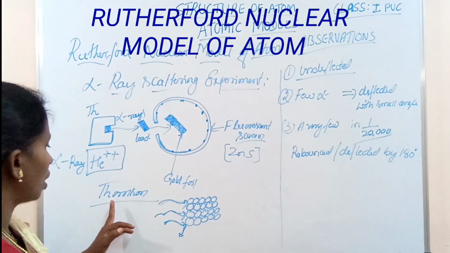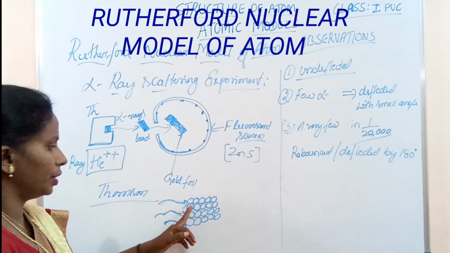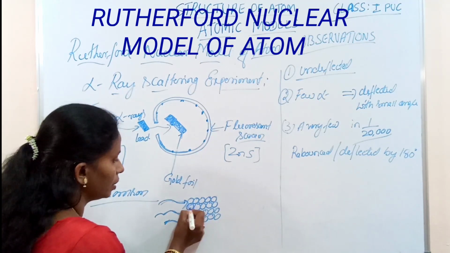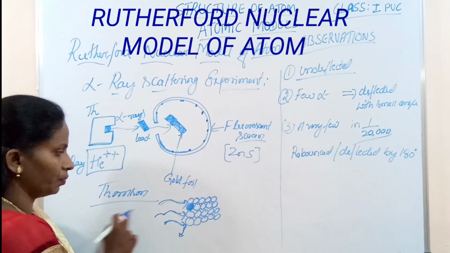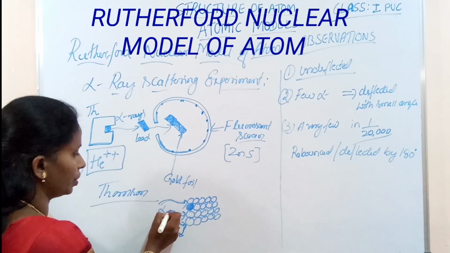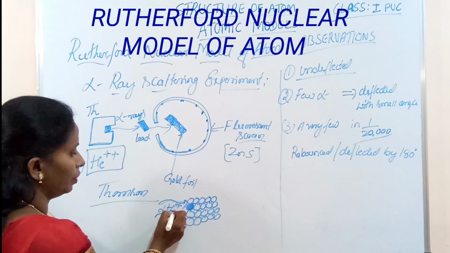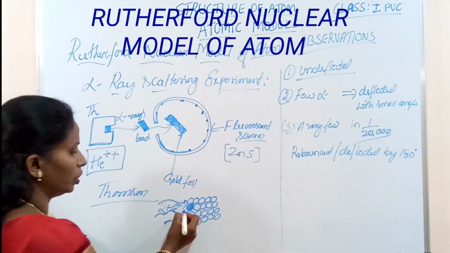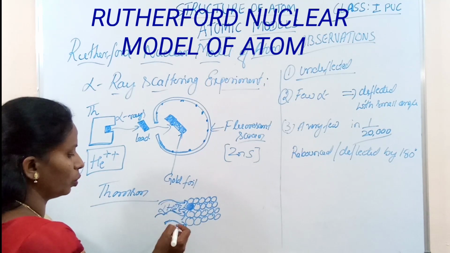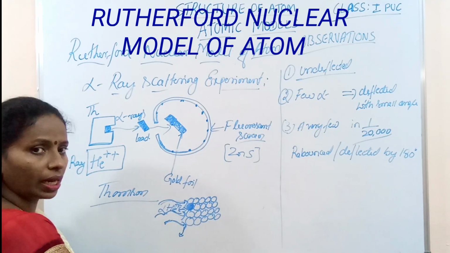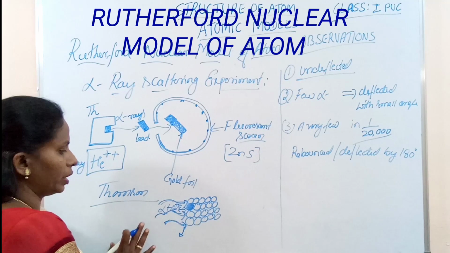What was the expectation? According to Thomson, the atom is positively charged with the positive charge uniformly distributed, and the alpha particles, which are dipositive helium nuclei, should experience repulsion, so they should slow down and deviate with a small angle. It was not like that.